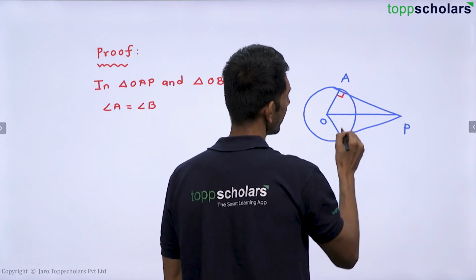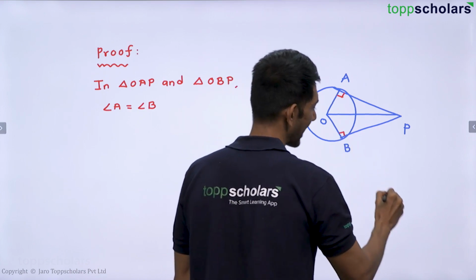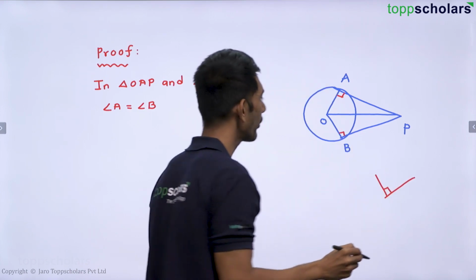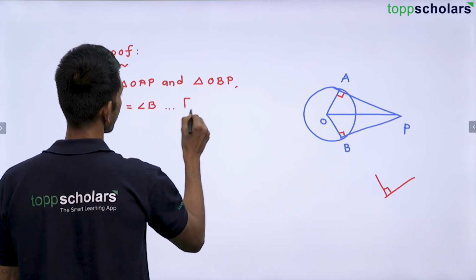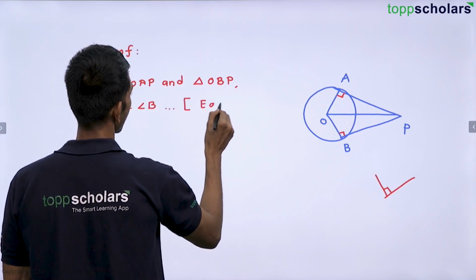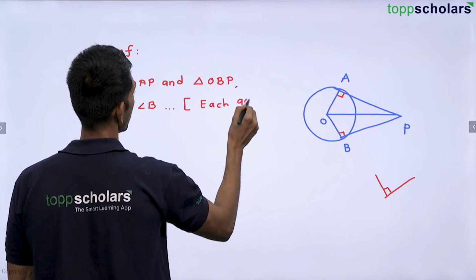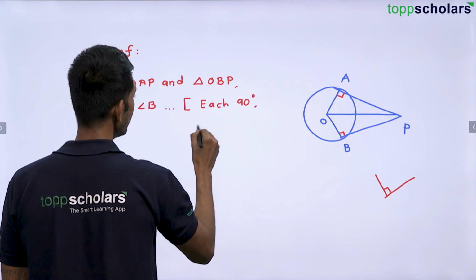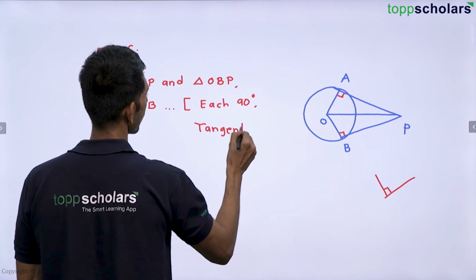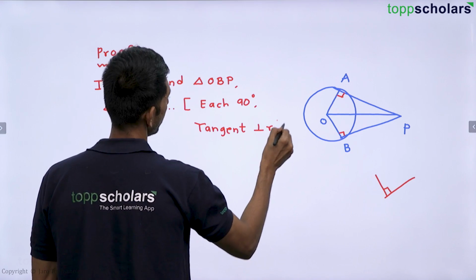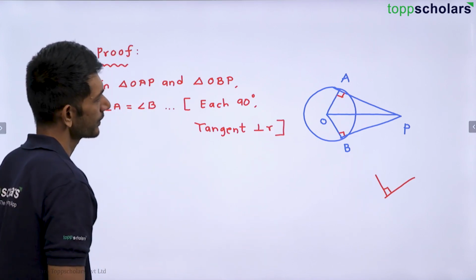This is 90, this is 90, because tangent is perpendicular to the radius at the point of contact. This is 90 degrees each. And what is the actual reason? The reason is tangent is perpendicular to radius. Correct?